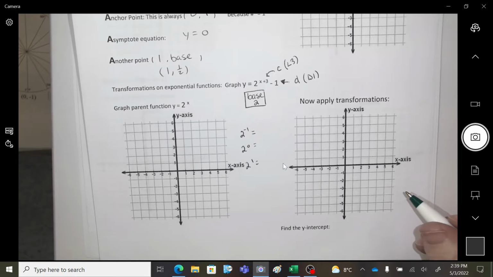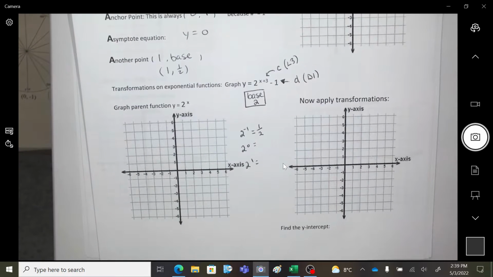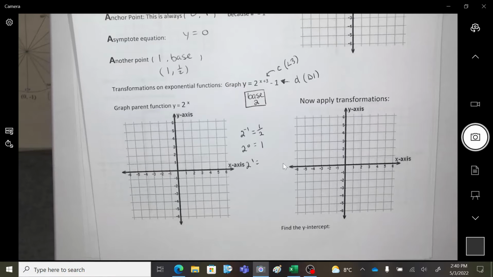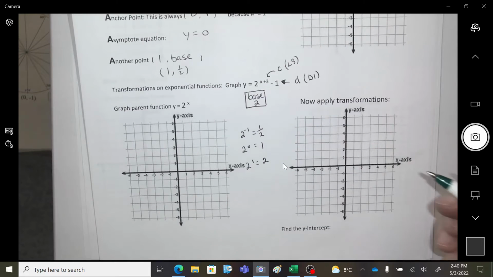Okay, so what is 2 to the negative 1? Negatives make it flip. So 1 over 2. Anything to the 0 is 1. And 2 to the 1 is 2.